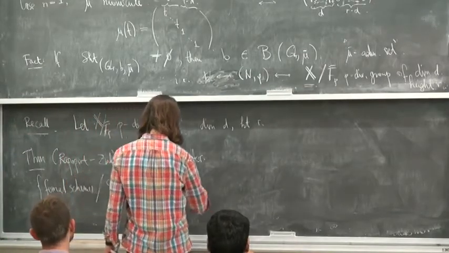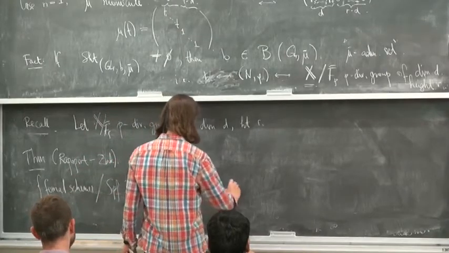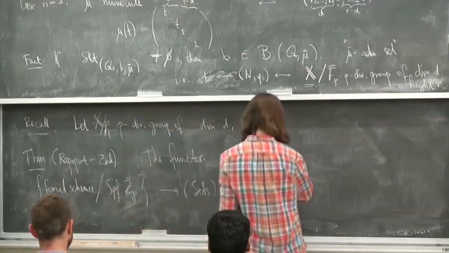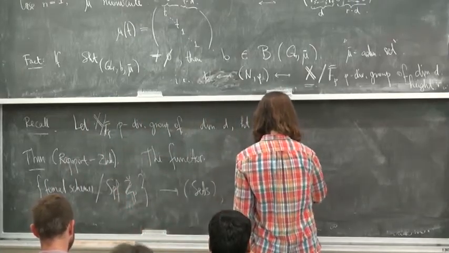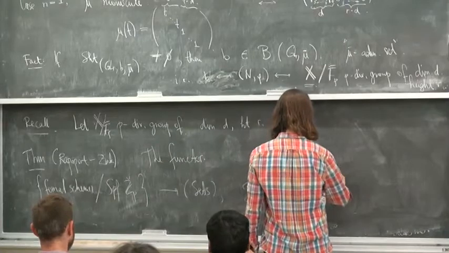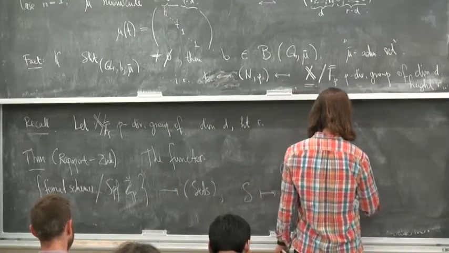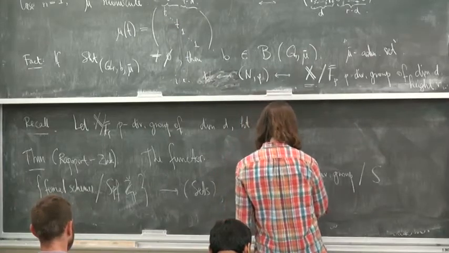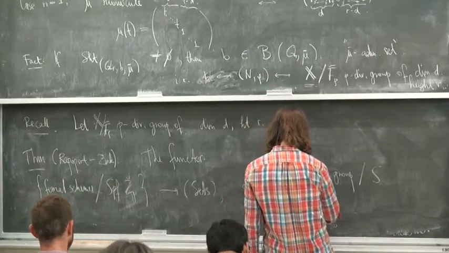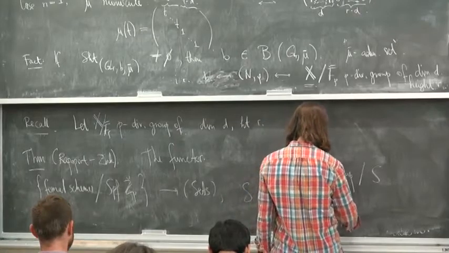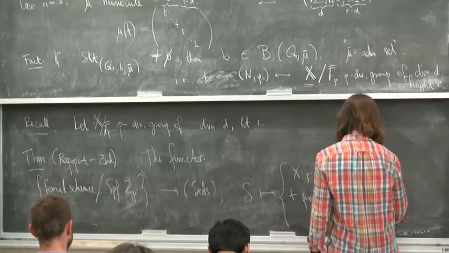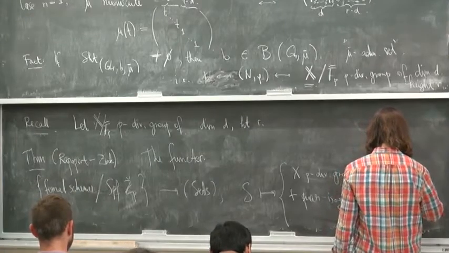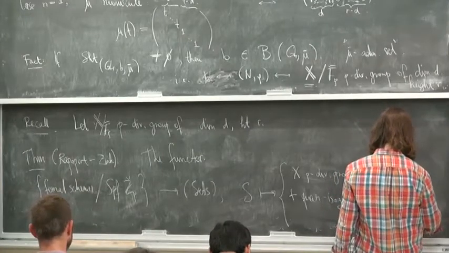to sets, sending S to the set of p-divisible groups over S plus the quasi-isogeny rho between the reduction of this guy mod p and the constant guy.